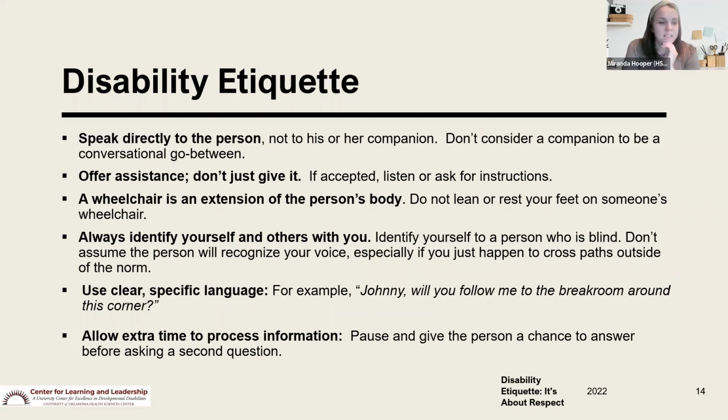Using Wanda as an example, if I walk into her office and start talking to her, but then turn around and keep talking while I mess with my purse and my bag, that's not very respectful. I'm asking her for her time, and I'm not giving her the respect of my attention. So be sure you do that with everybody.